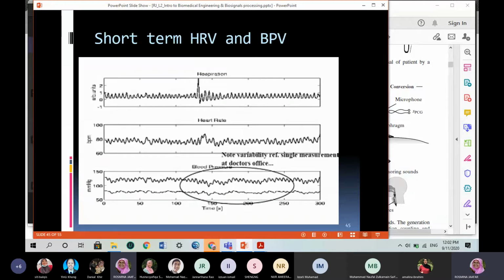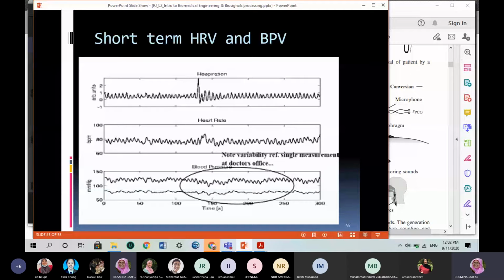Okay, short-term HRV. HRV stands for heart rate variability, and BPV stands for blood pressure variability. This example plot shows that the bottom one is in millimeters of mercury, which is blood pressure.